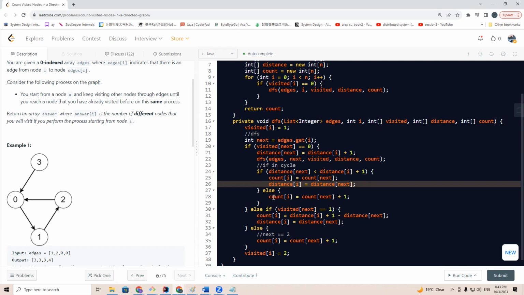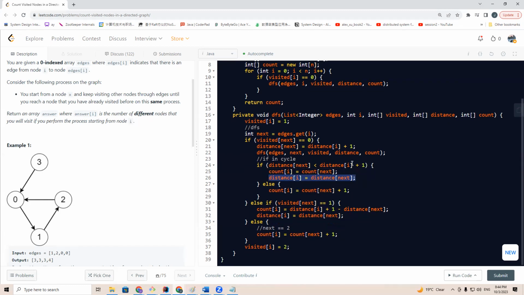Otherwise, this means they are in the circle, right? In a circle, we'll use the distance array to detect whether I and next are still in the circle, right? So if we update this, then when we backtrack to its parents, we can compare its parents and I to see whether parents are still in circle or not.